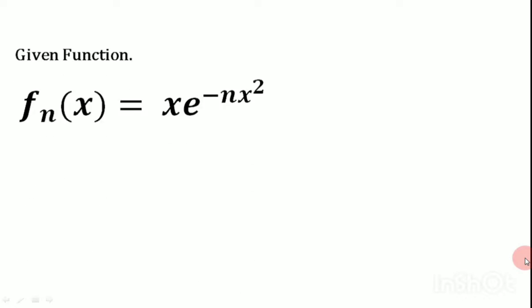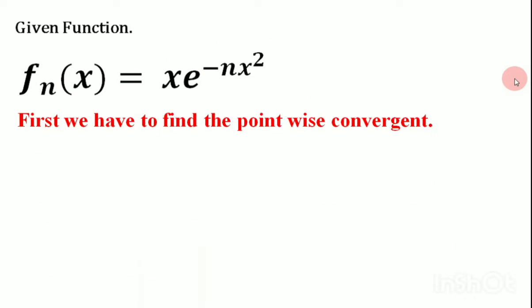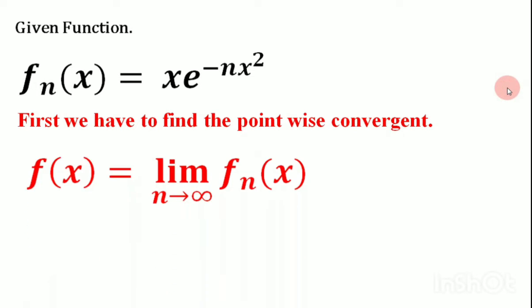The given function is f_n(x) = x e^(-nx^2). First we have to find the pointwise convergence, as I have already said. For pointwise convergence, we just have to check the limit function. That means we apply the limit as n tends to infinity and check what value it is giving.